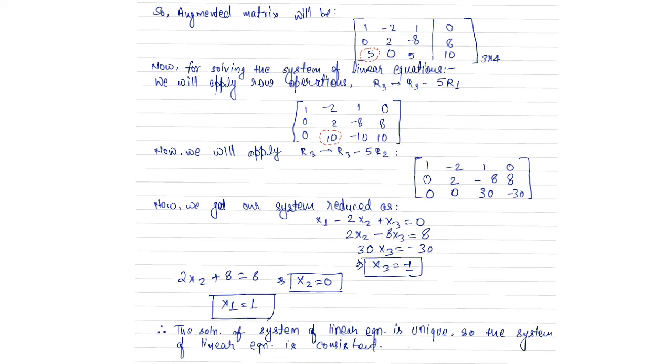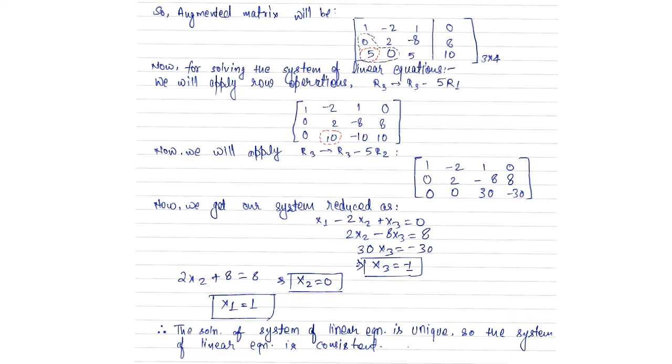Now for solving the system of linear equations, what do we have to do? We have a 3 cross 4 matrix here. We have to make this 5 zero, and the other entry is already 0. So these places should be 0.